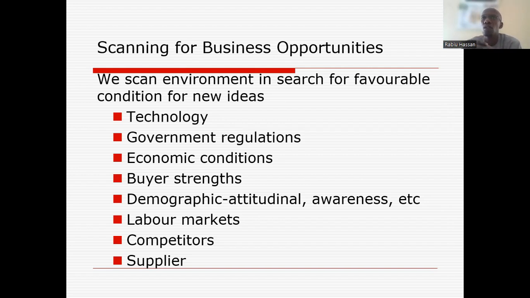We have government regulations and government policies, which often open up opportunities for other people. Like for example, prior to Palm Center, the phone sellers' settlement was at the post office side in Kano State. Then the government asked them to relocate to Palm Center and created a very good place for them.